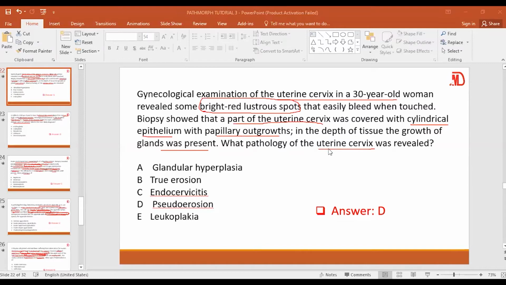So first of all, it is clear to say this should be the congenital form of erosion. But unfortunately, there's nothing like congenital erosion in our options, and this is not a true erosion either.